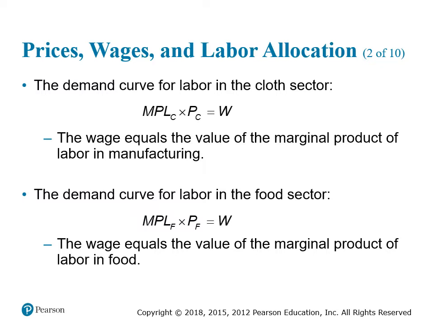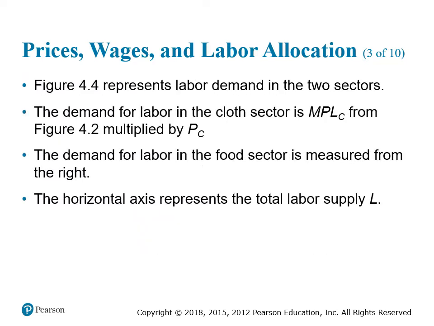It equals the marginal productivity of labor in the food sector multiplied by the price of food, and that's basically the wage of that person. In the coming slide, we will see figure 4.4, which presents the labor demand in both of those sectors. Once we reach the figure, I will explain it in more detail.